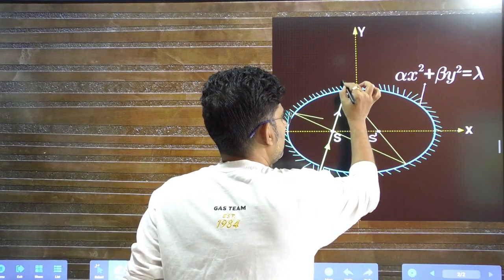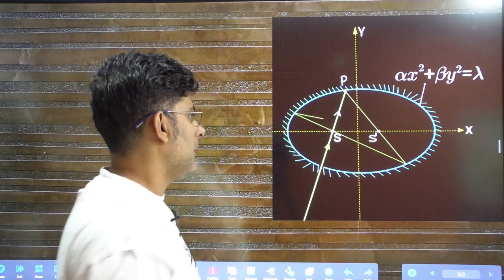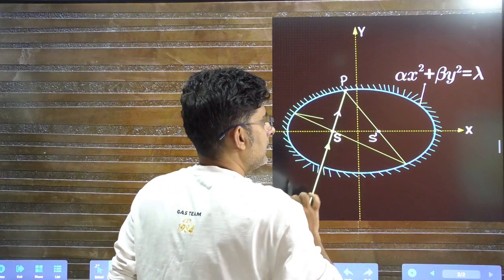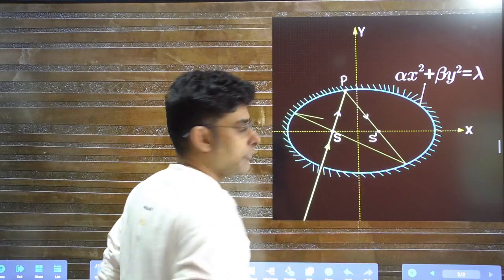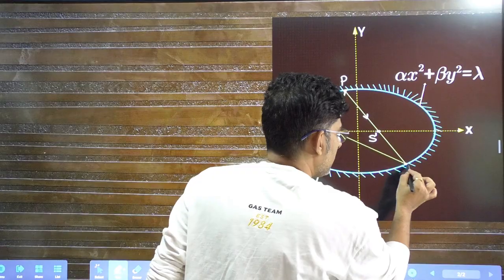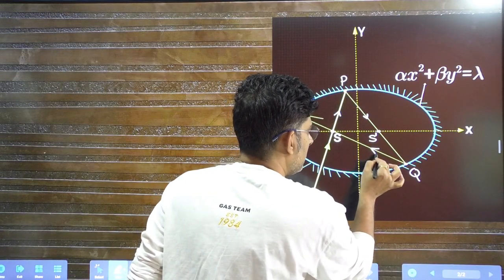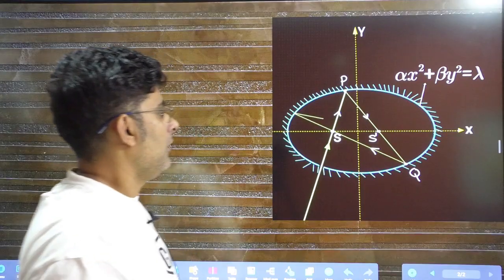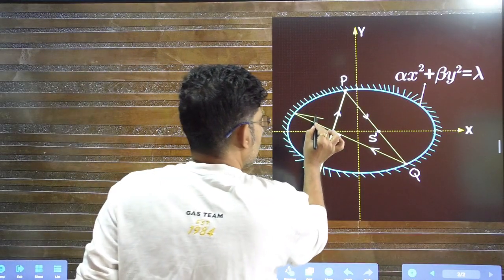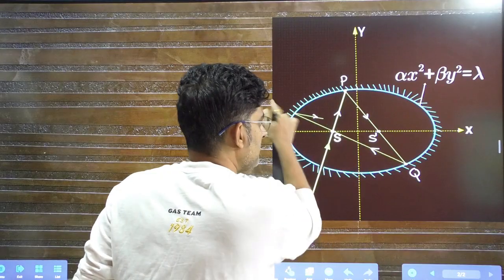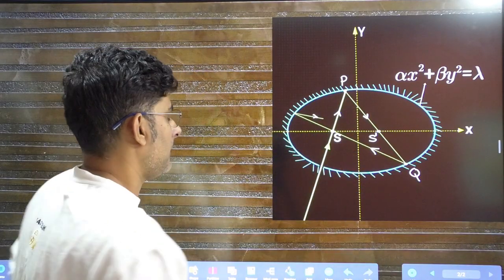If I take this point as P, where P is any general point on the ellipse, it hits here at P, then gets reflected and passes through S dash, the next focus, and let's take the next hitting point as Q. Then after that it again passes through S. So it will keep on getting reflected again and again, and each time it will pass through the next focus.